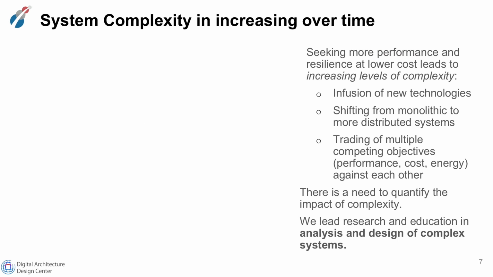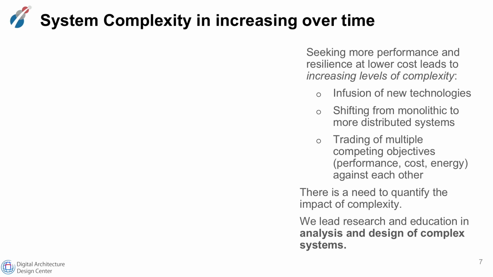Why is complexity increasing? For different reasons. One is that we are infusing new technologies. We have higher expectations in terms of performance and resilience. And you will see that many systems are shifting from being more centralized to becoming more decentralized.